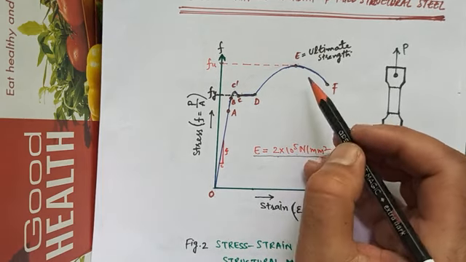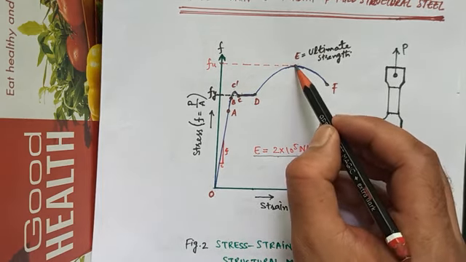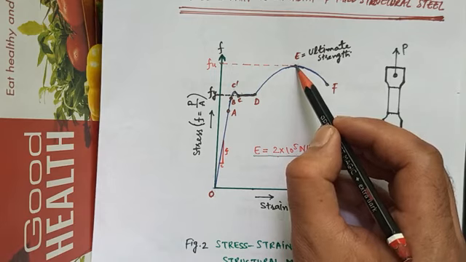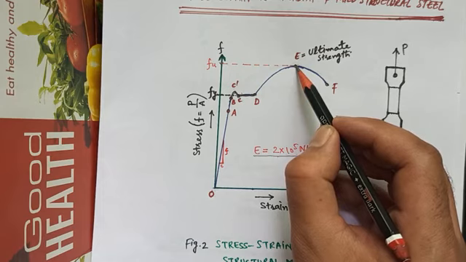Now after reaching the ultimate tensile stress, a localized reduction of cross-section takes place, which is called necking. So beyond this point there is a localized reduction in cross-section, and this is called necking.